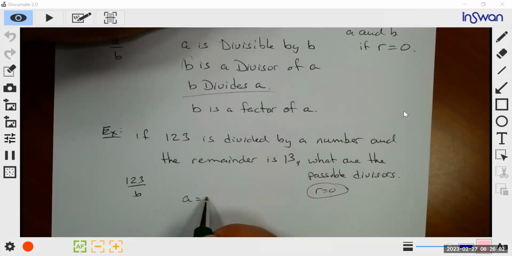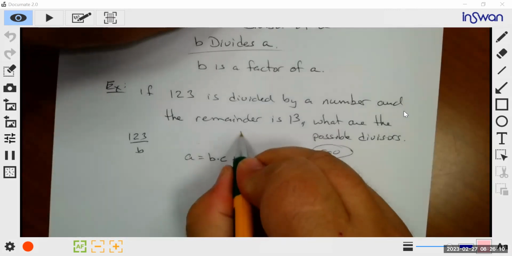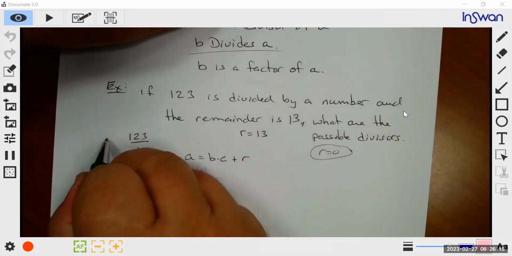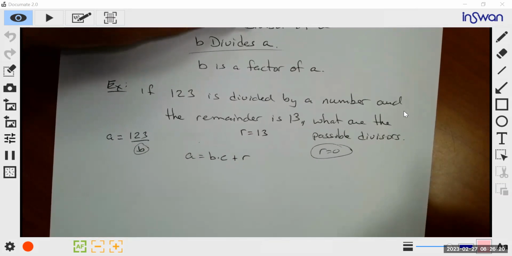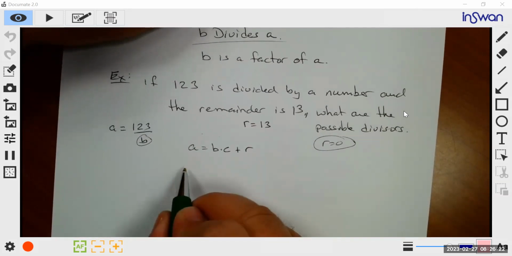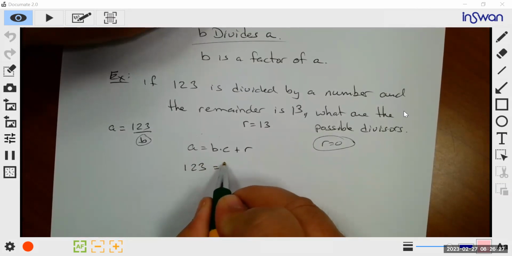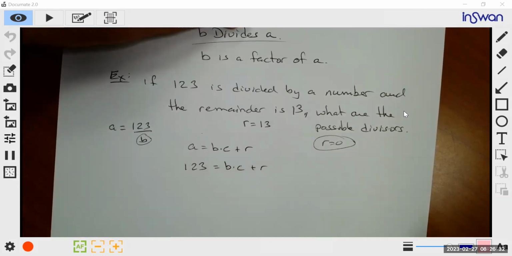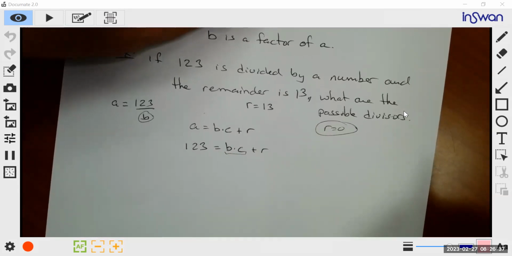So we use our formula. A equals B times C plus R. We know that R equals 13. A is 123. We don't know what B is. So we have 123 equals B times C plus R. We're trying to find what two numbers multiply together.